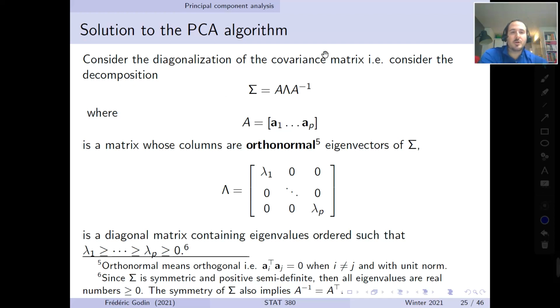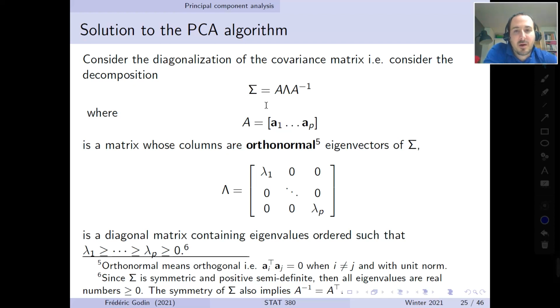To get the solution, we will have to consider what some people call diagonalization. I learned it in French, so in French we use diagonalisation, but some people prefer the expression eigendecomposition. We will consider the eigendecomposition of the covariance matrix sigma, which can be represented as follows.